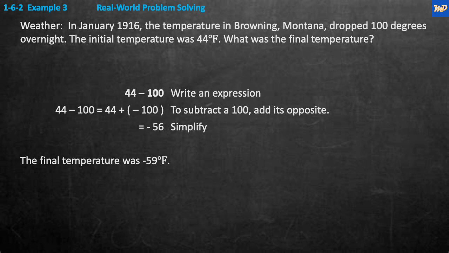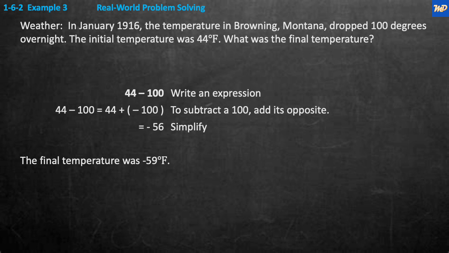Okay, example 3. It's a real-world problem, a weather problem. In January of 1916, the temperature in Browning, Montana dropped 100 degrees overnight. That's pretty amazing. The initial temperature was 44 degrees Fahrenheit. What was the final temperature?